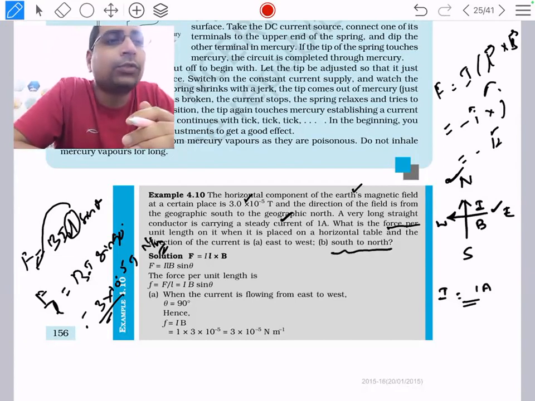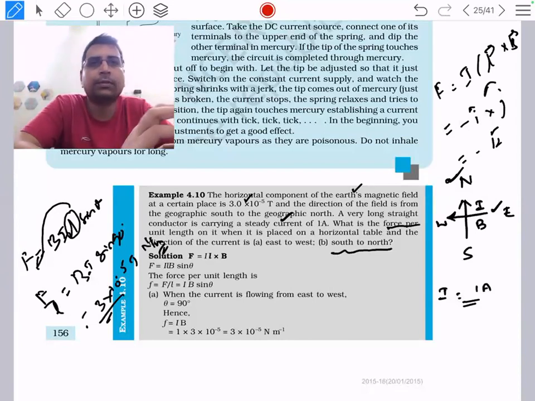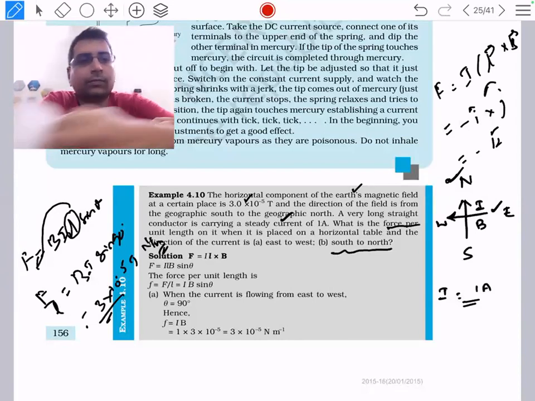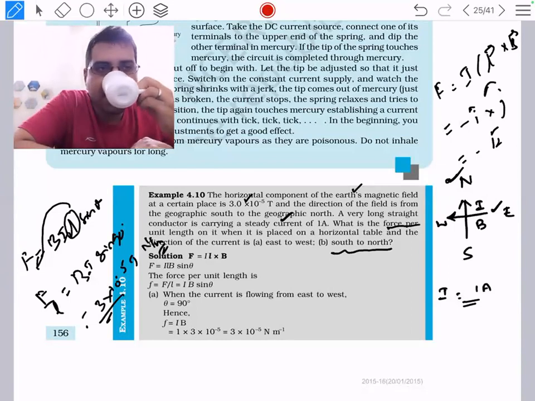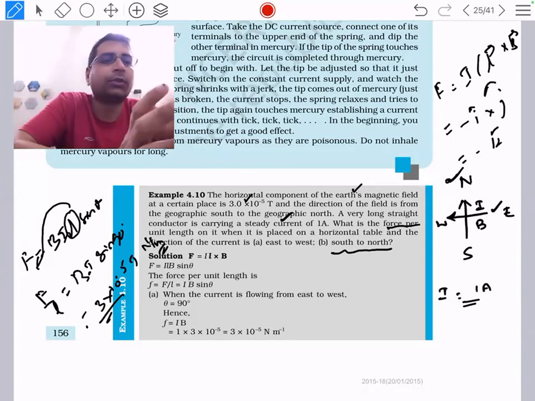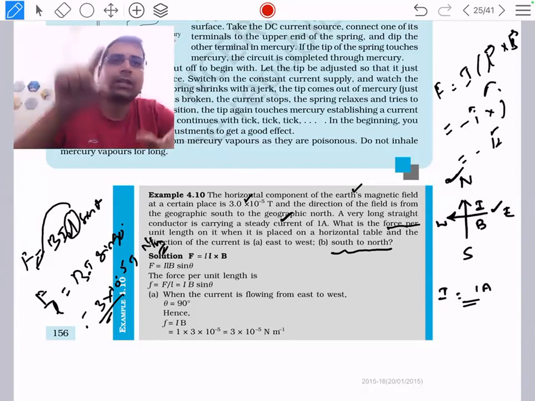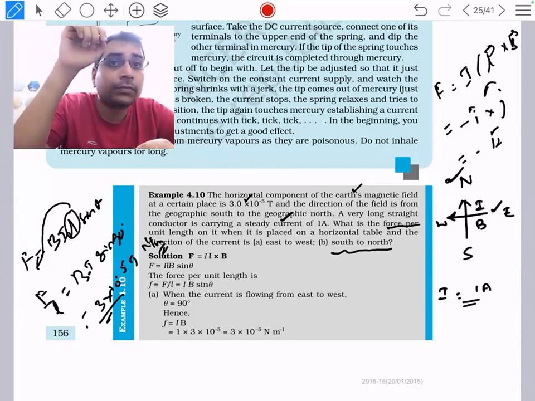Second, when the current flows from south to north, easy. What happens when the current is flowing from south to north pole, as happened in this scenario? The force per length will be 0.